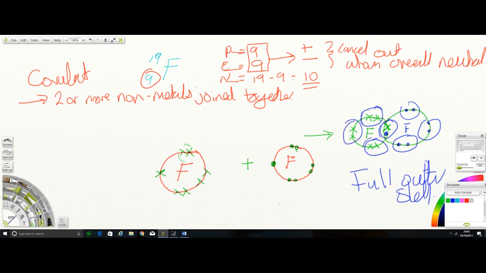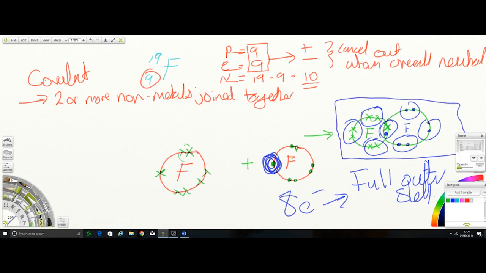So they both have 8 electrons, which means that they have a full outer shell, so it's more stable. Can you see now why, through covalent bonding and the sharing of electrons, from being lonely, from having a single electron, to joining them up, you have a more stable structure and you have a diatomic molecule?